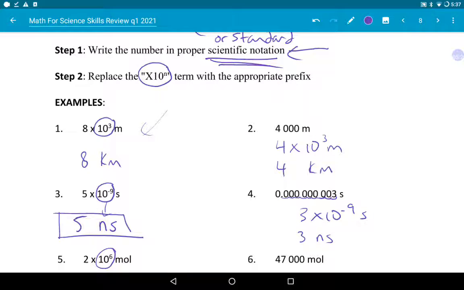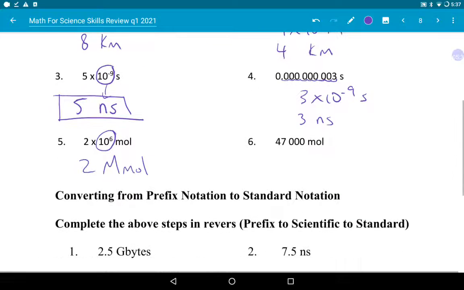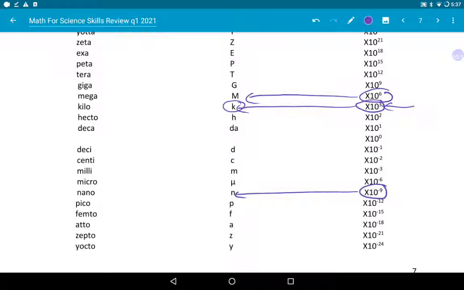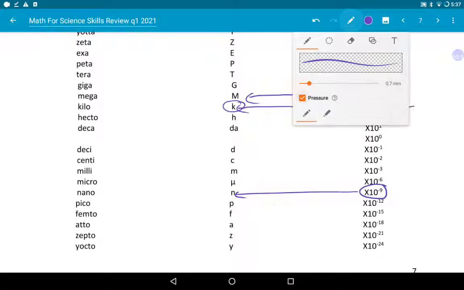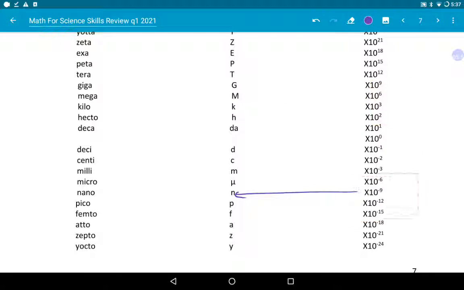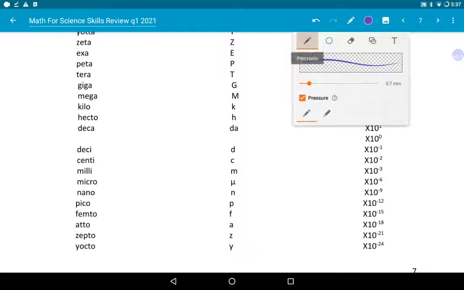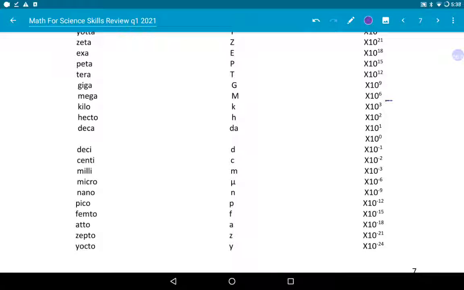Okay, so if you don't have scientific notation, you need to figure that out first. So here we have 4.7 times 10 to the 4 moles. We need to move over 4 spots there. Now a little problem is going to come up here with the 10 to the 4. If we look for it, 10 to the 4 fits in between these two, mega and kilo.